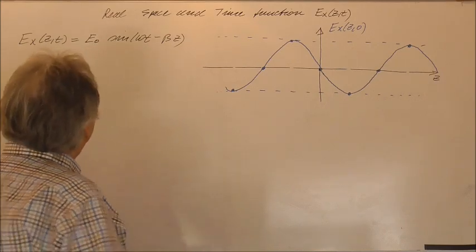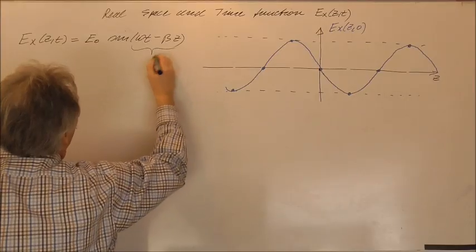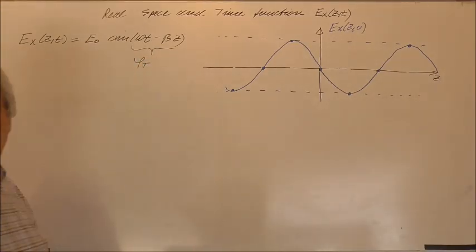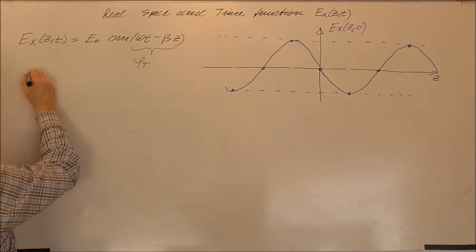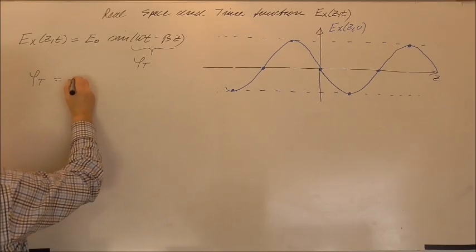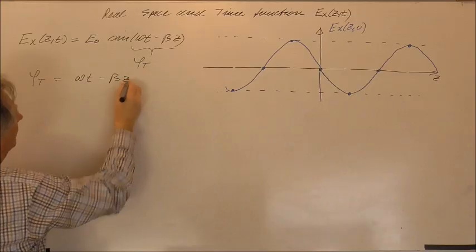So what we can do here is introduce the term total phase. This is the total phase of the sine function, and if I define this total phase, we can say this is omega t minus beta times z.